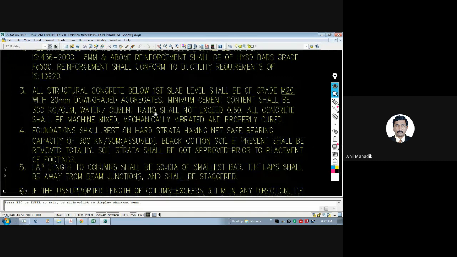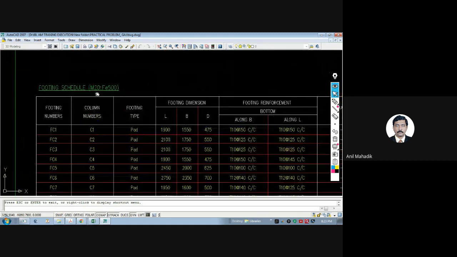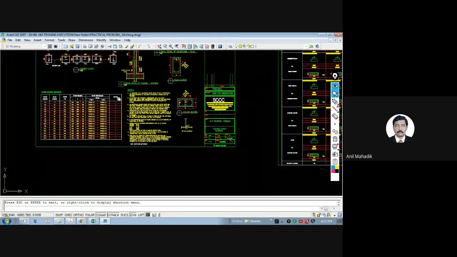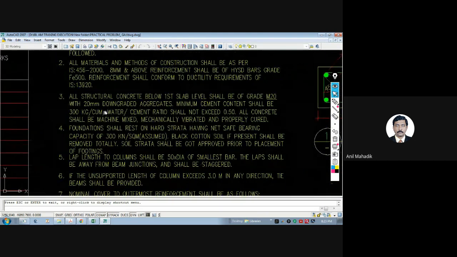Then all structural concrete below first slab level shall be of grade M20. Okay, so grade of concrete is M20 minimum, and then size of the aggregate 20 mm minimum. Cement content, these are the standard notes, but whenever we do any concrete, M20, M25, you should do the mix design actually. And once you do the mix design, then concrete grade is achieved.